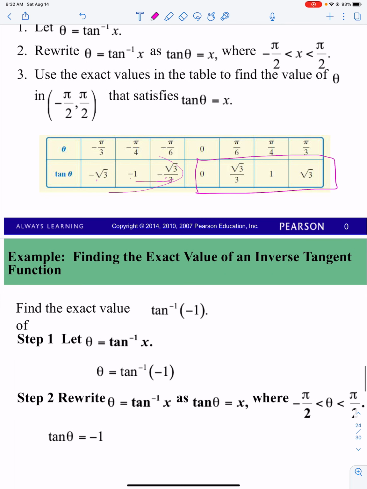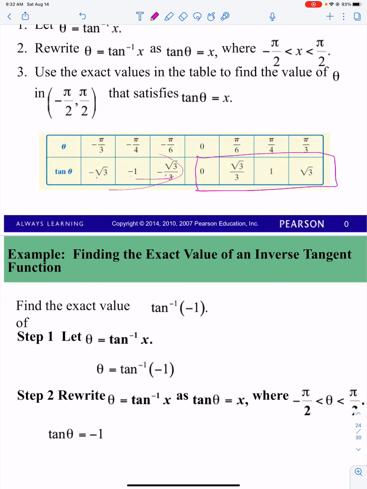Okay, so tangent inverse of -1. Let theta equal tangent inverse of -1, and then we rewrite it as tangent theta equal to -1.